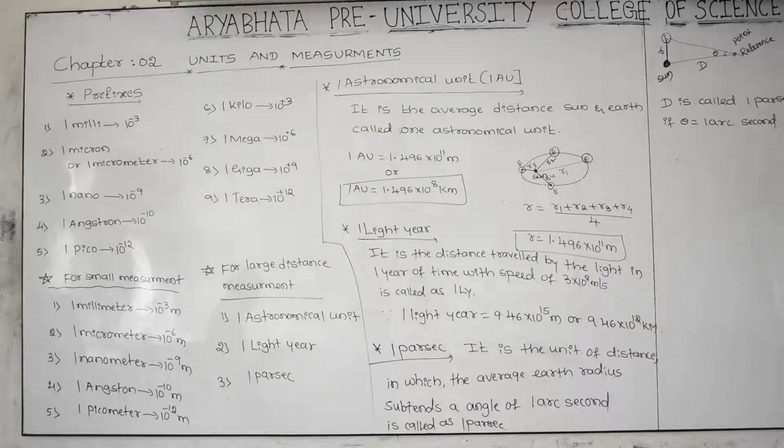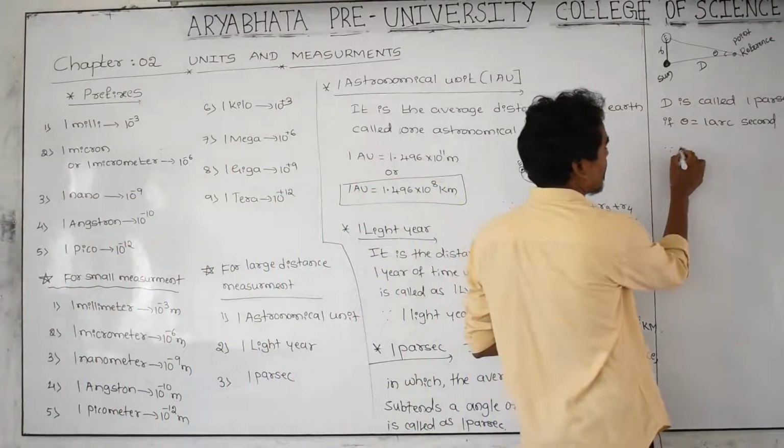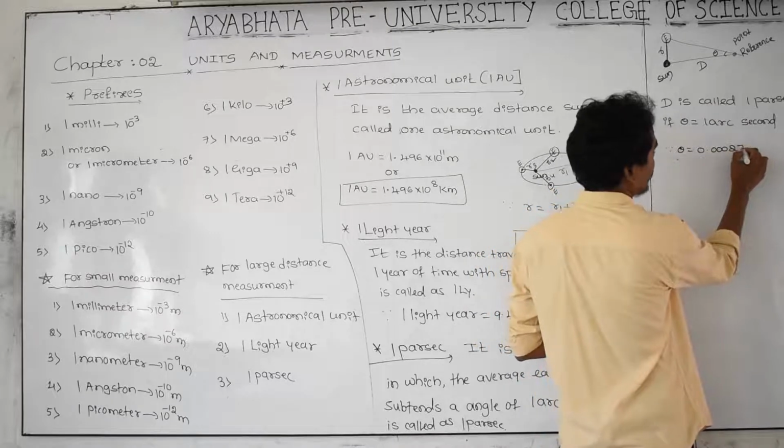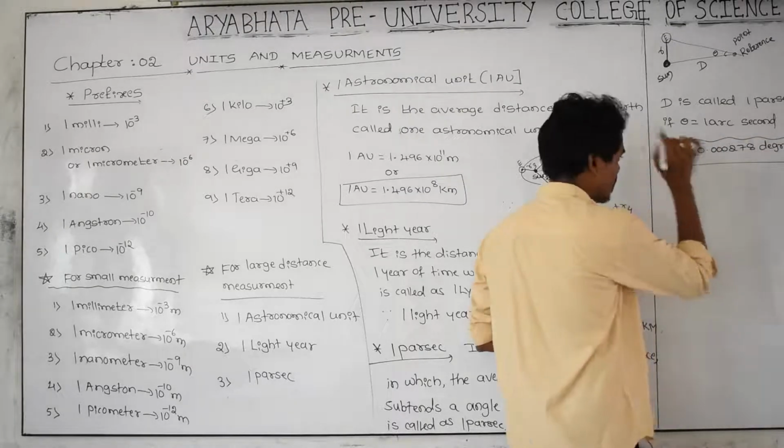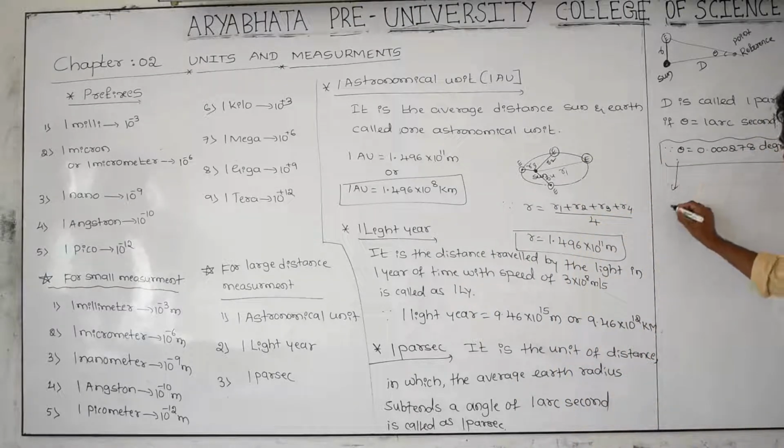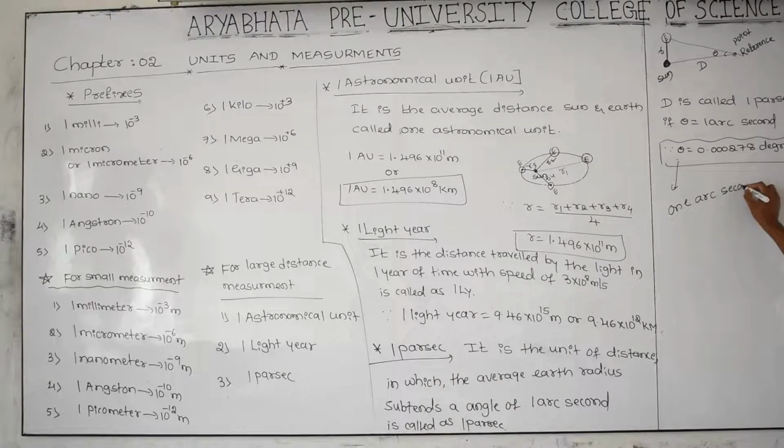And what do you mean by 1 arc second? That is also very important for you. 1 arc second is equal to 0.00278 degree, therefore theta is equal to 0.00278 degree.